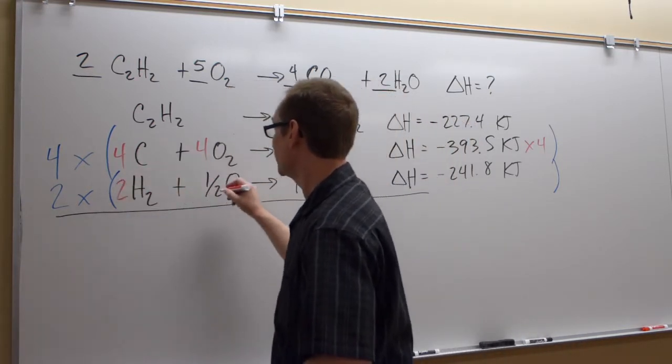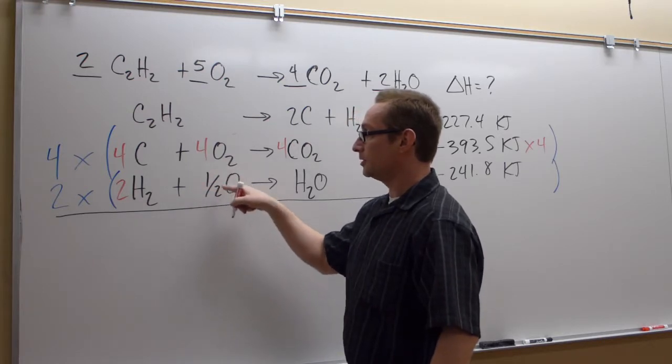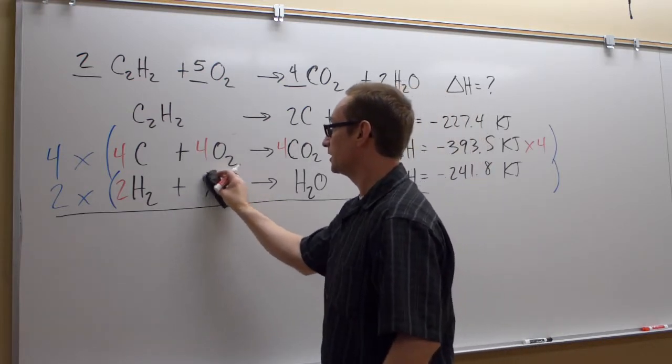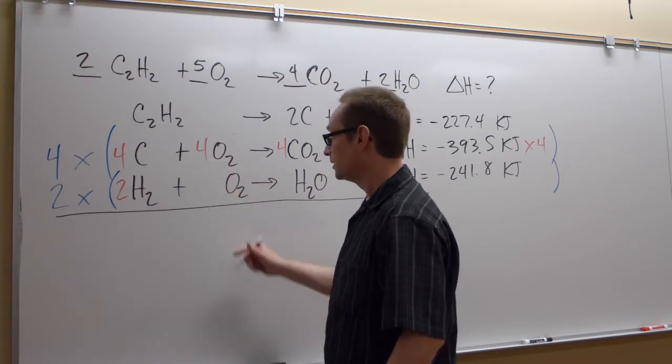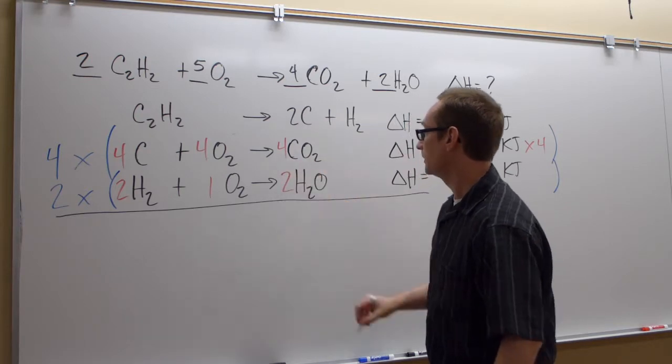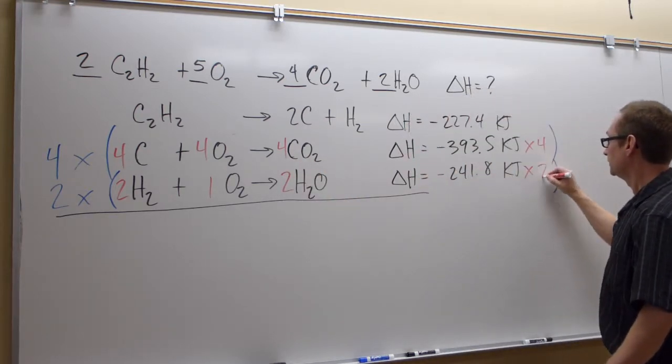That gets us 2 there. Also, multiplying by 2 here gets rid of that half. And so this becomes just simply a 1. And there's a 2. And there's a 2.